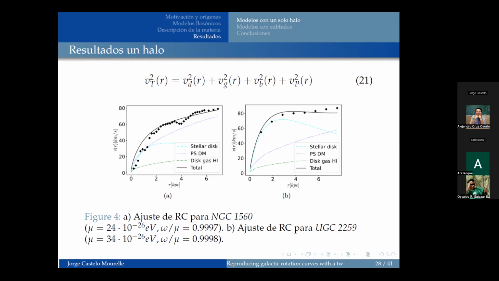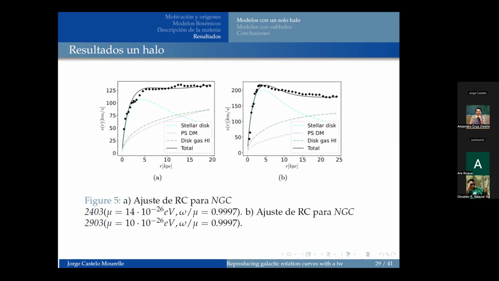So as you can see, for these galaxies we have more or less nice fittings. You can see here that in this part we have an overfit and then a lower fit for these two galaxies. We have more of them. Those are bigger galaxies, and the fittings are quite nice.